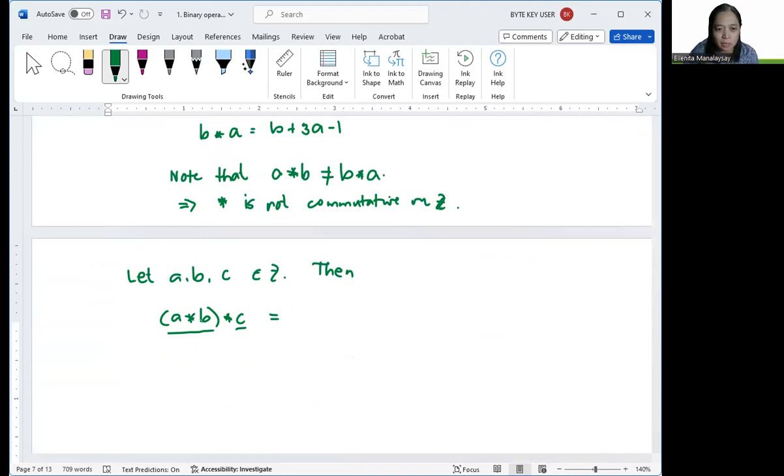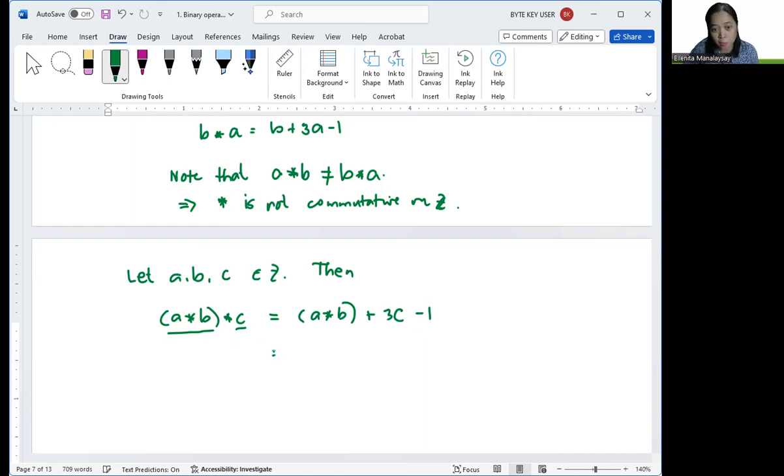So we consider this the first term and this the second term. So we have the first term, A star B, plus 3 times the second term, minus 1.